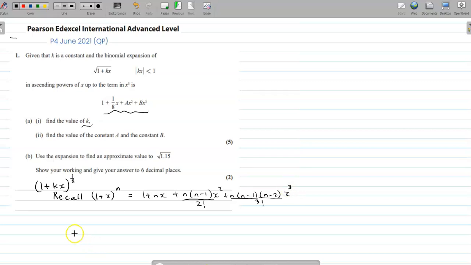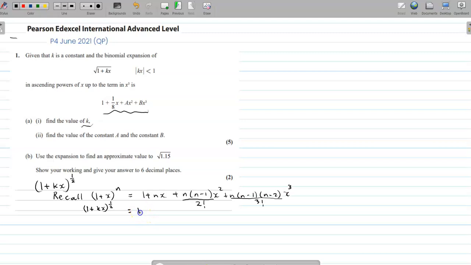That's the general form, so this one is going to be very simple. What we have there is 1 plus kx raised to the half. In this case, n is a half, so we just simply apply it here.